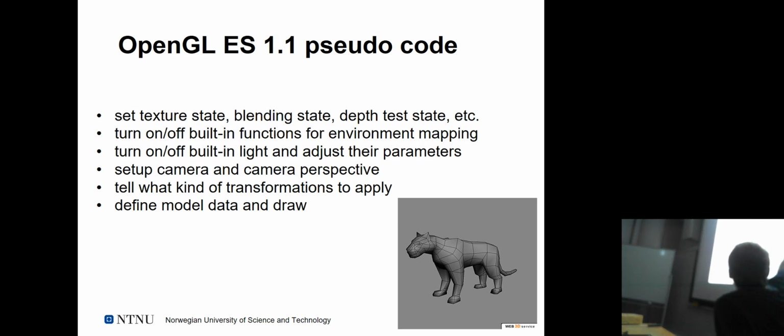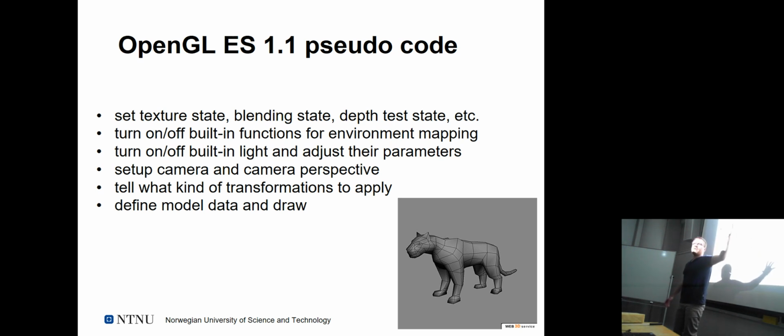Then you have lighting. Lighting can be positions, brightness, orientation, positioning. Camera, same. And then you can say what transformations to apply. Transformations refer to the positioning of the object. The object is uploaded into the pipeline, and you can say, I want to turn it to the right a bit, or I want to translate it, move it up to the top right.